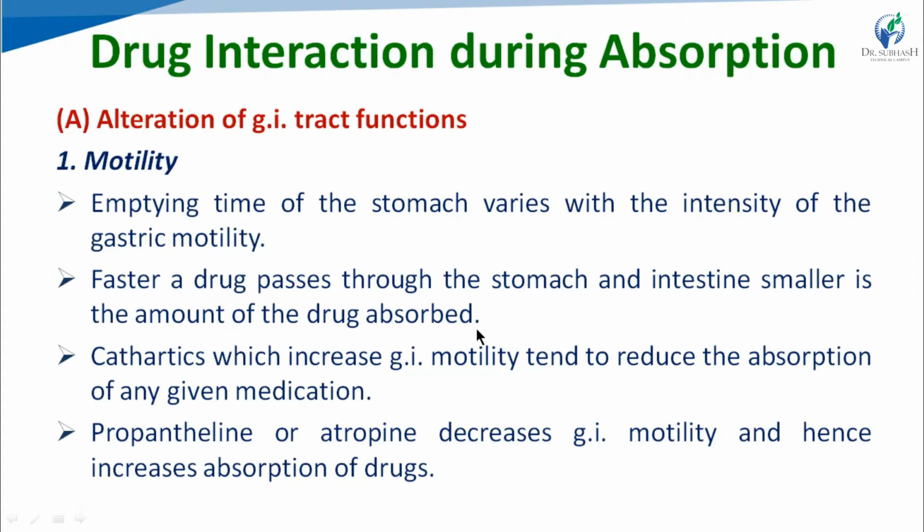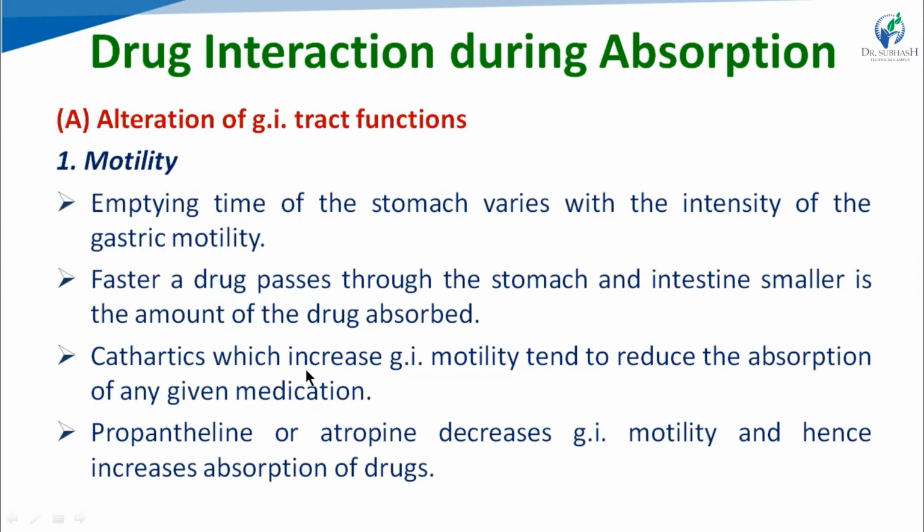If a medicine passes quickly through the stomach or intestine, or its emptying rate is very high, then in such a condition the drug absorption from the GI tract will be less.